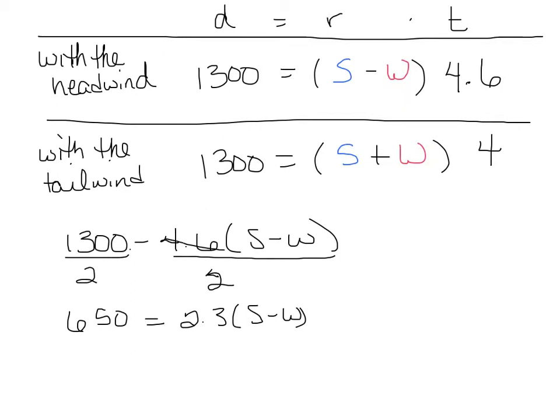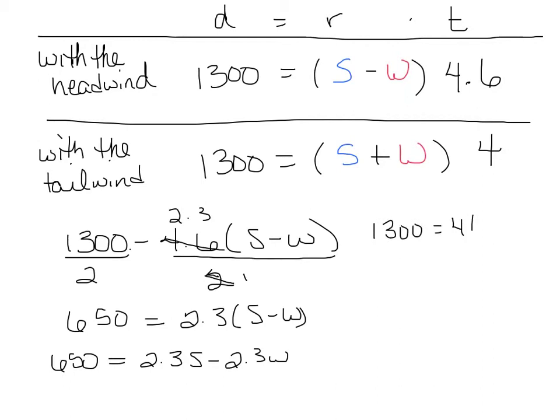We would cancel the 2 here and we get the 2.3 and then distribute it through the parenthesis. So we will have 650 is equal to 2.3s minus 2.3w.